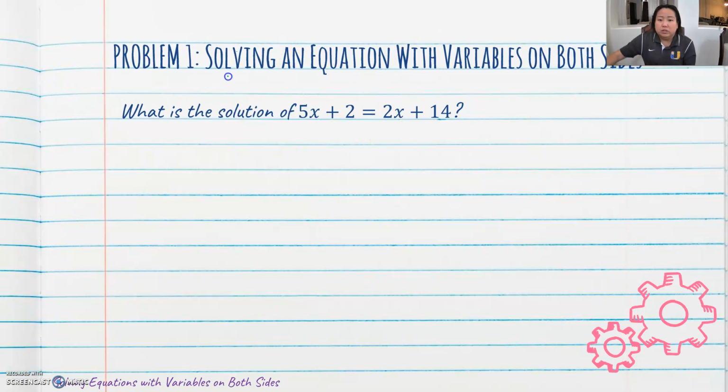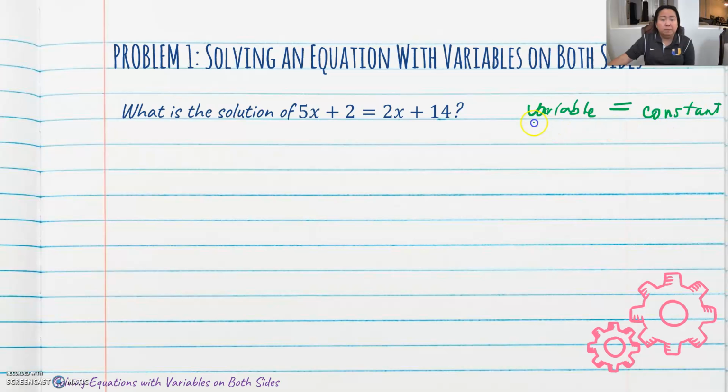Choose a side where you want your variables to be. Most typically, we put the variable on the left side, and all the constants on the right side. That's the most common: the variable here, then the equal sign, and then all the constants on the other side.